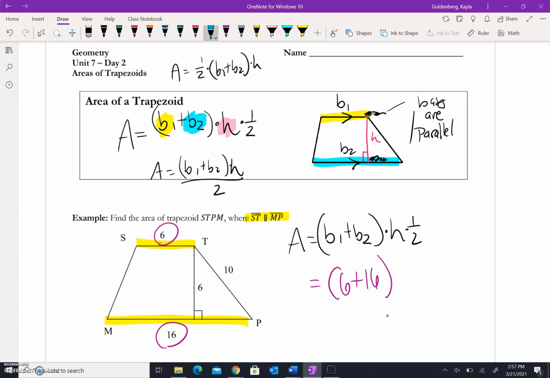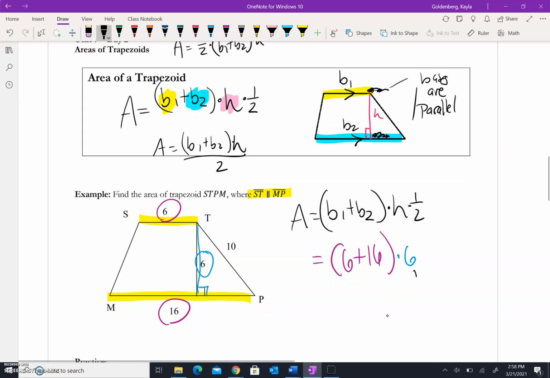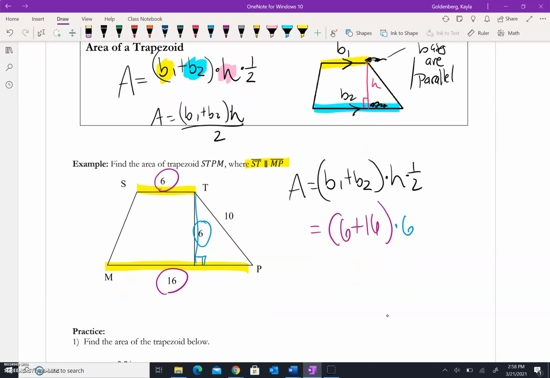Remember, my height has to make a right angle with the base. It has to be perpendicular, times a 6 for my height, and then the 1/2 is just always 1/2. I personally find it helps me to first do half times 6, because I know half of 6 is going to be a 3. I find it helps to do that quick multiplication, especially if I've got an even number. That makes it a little bit easier.